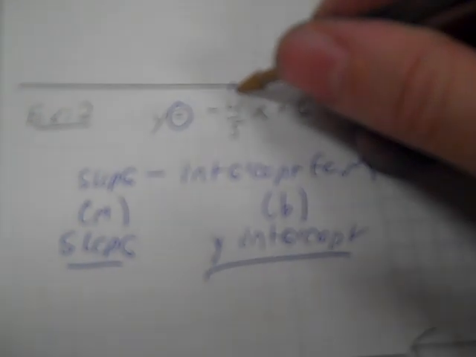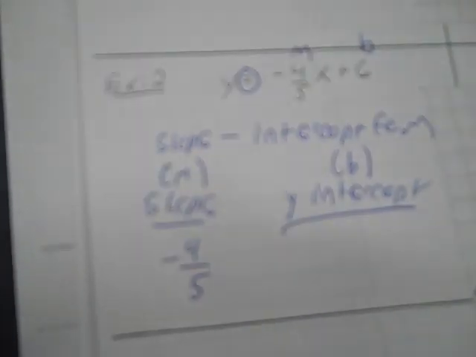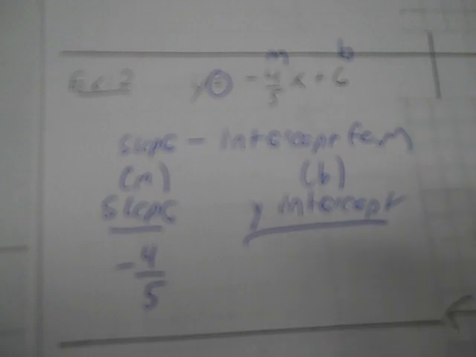So there's the slope and there's the y-intercept. You can abbreviate if you want to. Now the slope is m, the y-intercept is b. So the m is the x multiplier, and then the b is what is being added, okay? So the slope's -4/5. That's good. I want my slope to be a fraction because it wants to be in ratio form.